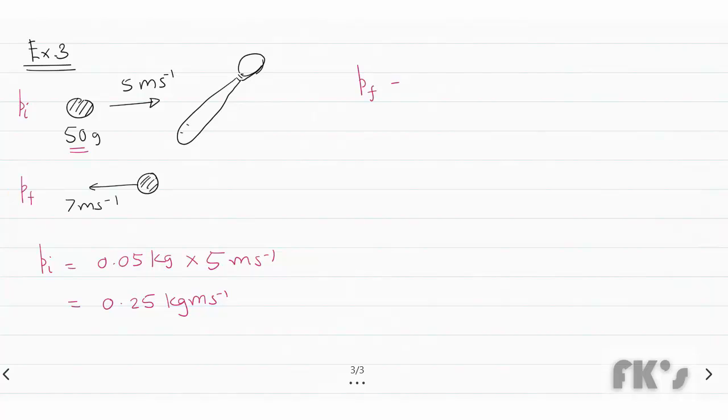I need to consider that the mass of the ball remains the same, and of course it does. So 7 meter per second, after multiplication, gives me 0.35, but I need to add something. Since the direction of velocity has changed, I need to put a negative sign there. So it has to be negative because the velocity has reversed.